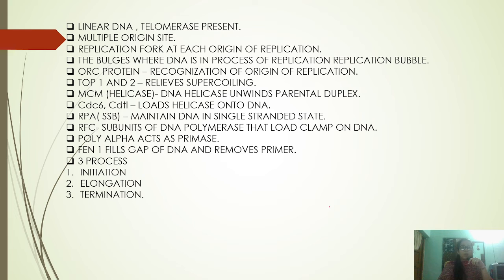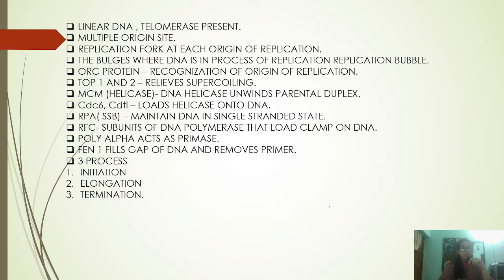Then what will happen? The MCM, that is the helicase, will come and start opening the strand. Once it starts opening the strand, the RPA protein binds to the single strand to provide stability. Then topoisomerase 1 and 2 are responsible for clearing the supercoiling.